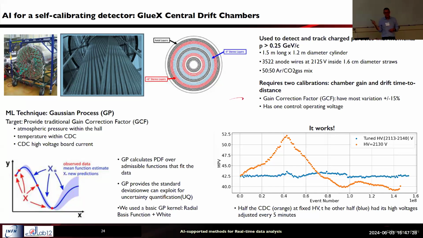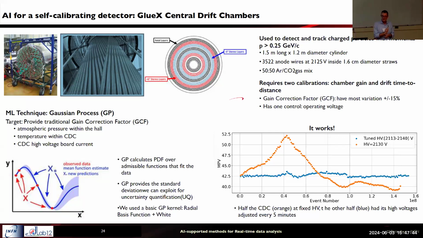So in this case, you see how AI, again, this is a feedback, nothing particularly fancy. But it is an application that shows you that you can master, for instance, calibration constants in real time.